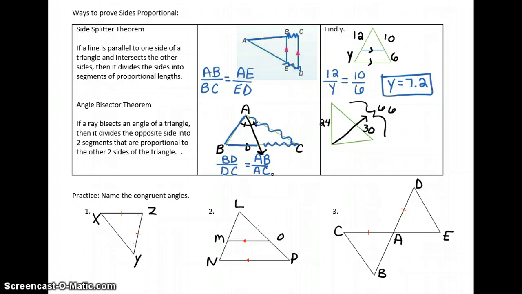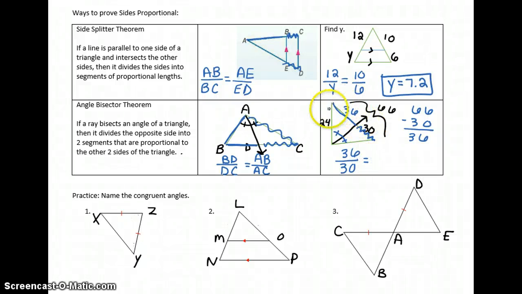Let's try and do this in an example. So let's say we have an angle bisector here. We're going to look at the two pieces it splits, here and here. Now the small piece here isn't labeled, but if I take 66 and I take away what the other piece is labeled, 30, I know that other small piece is 36. So that's going to be one side of my proportion, 36 over 30.